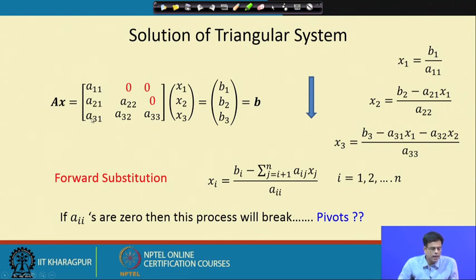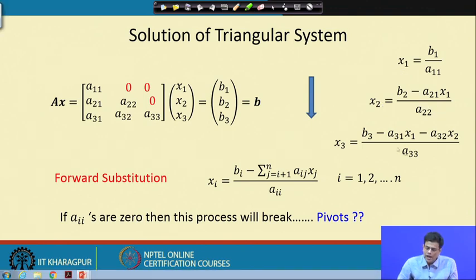It again represents 3 unknowns, a 3 by 3 matrix. Here we first estimate x1, which is b1 by a11, and then with the help of x1 we compute x2 and then x3. If you look carefully, this is forward substitution. The general formula for this is this.